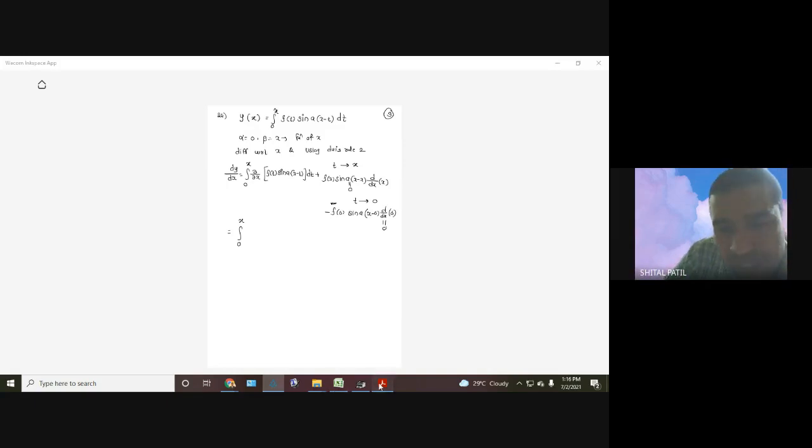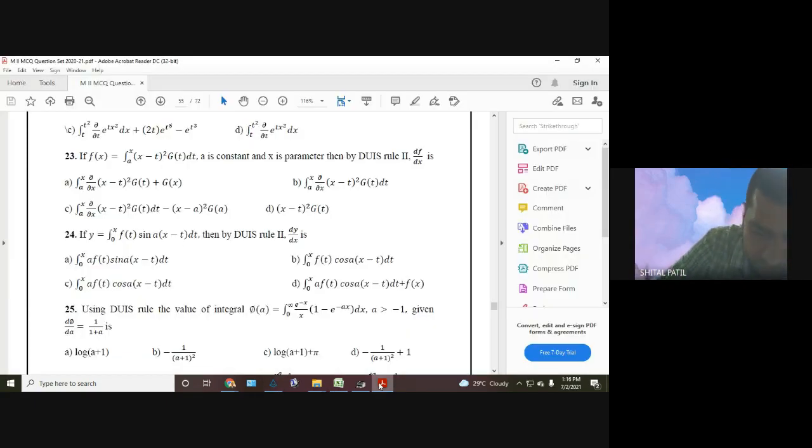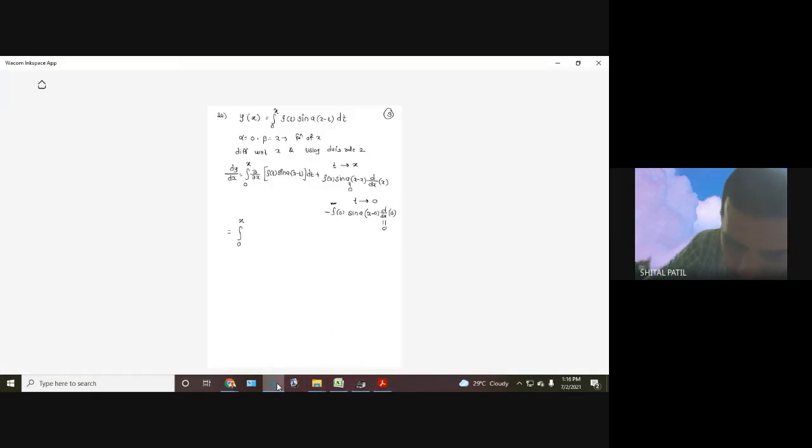So both second and third term will become 0. So we have to differentiate, and then we have to obtain the answer. F of t is constant. This is the answer: a f of t cos of a x minus t dt.